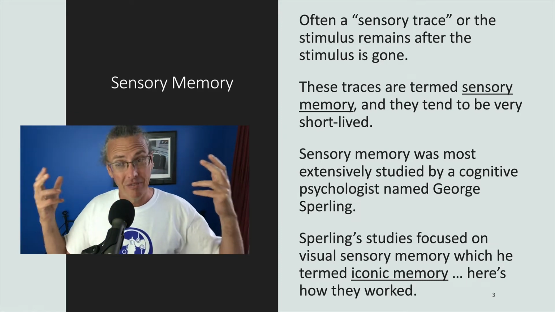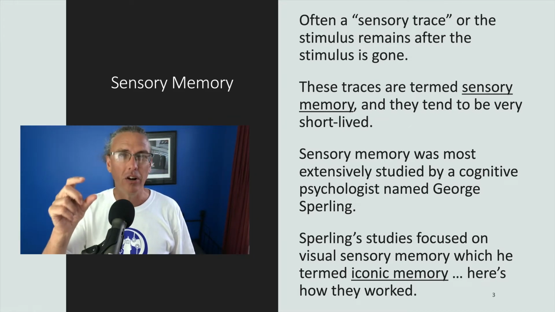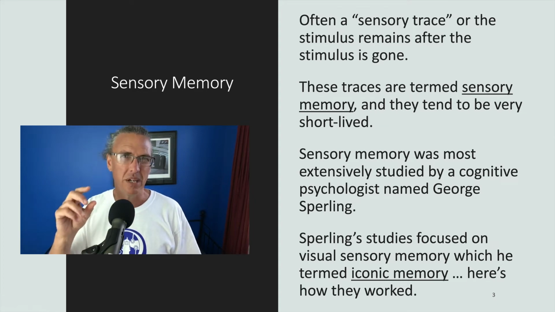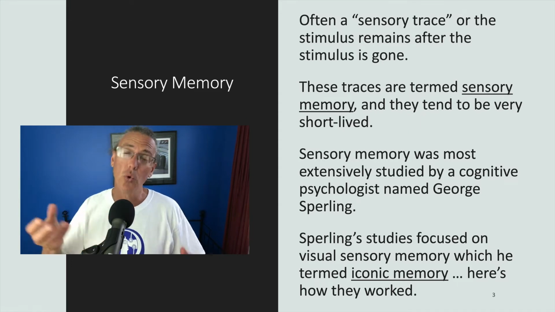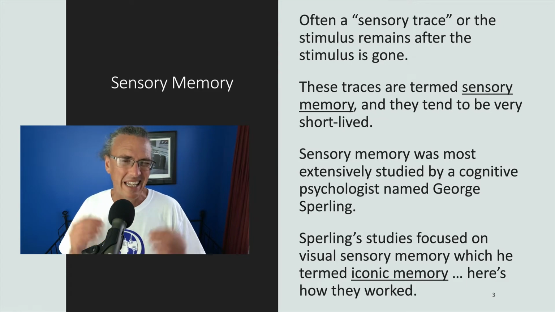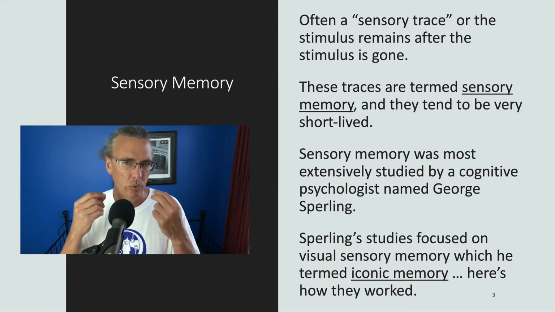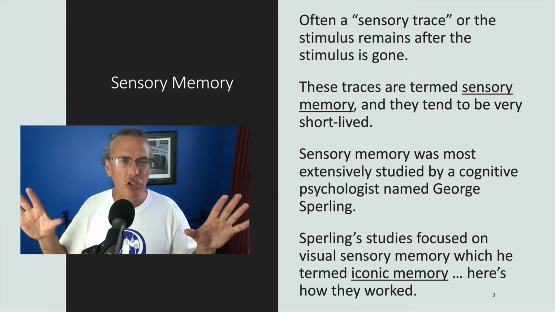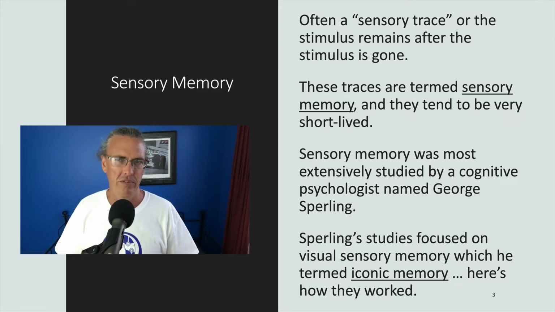But in fact, we are only attending to one very specific part of the world at a given time. And even that part, we're sometimes attending just to its visual characteristics and not its auditory ones, or just to its auditory and not so much visual, etc. So really, at any given time, we are only perceiving a small part of what's out there. But we feel like we're in touch with it all. How does that work? Well, here's part of the answer.